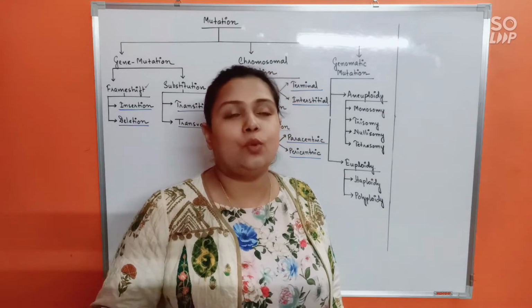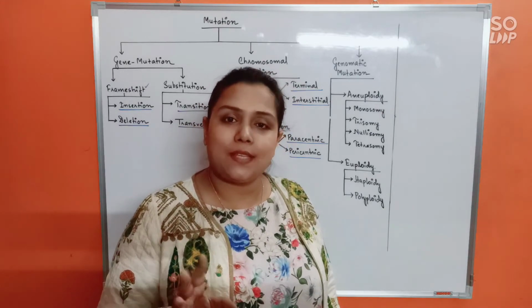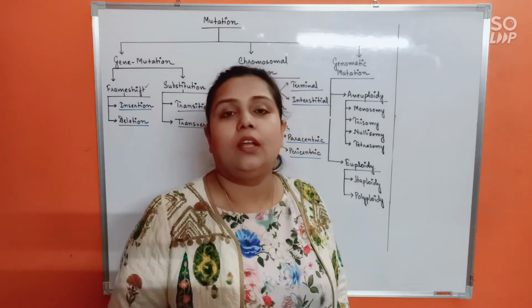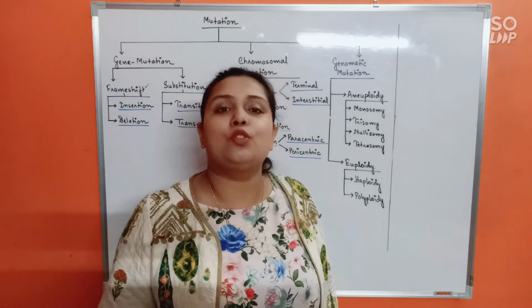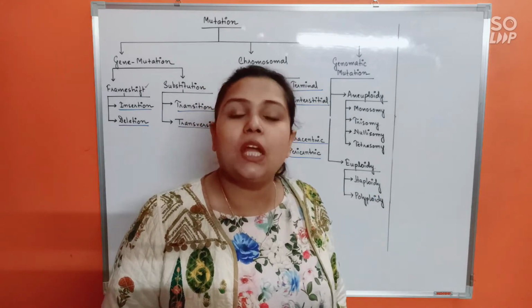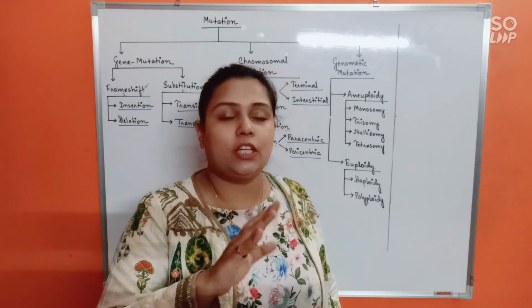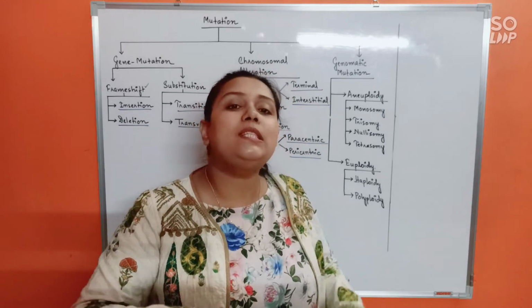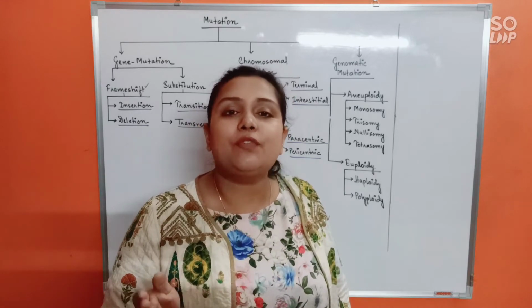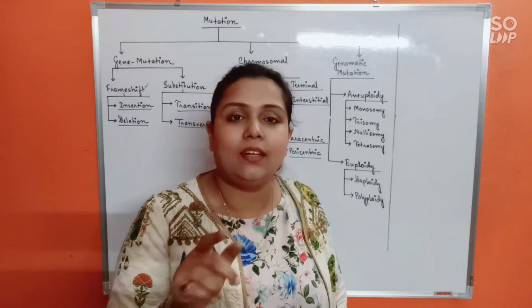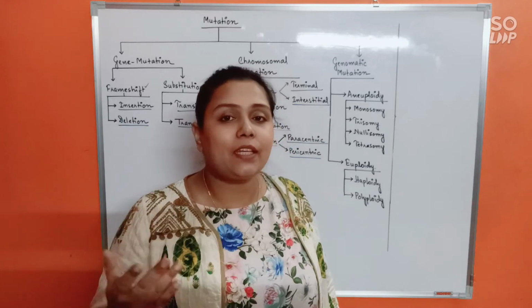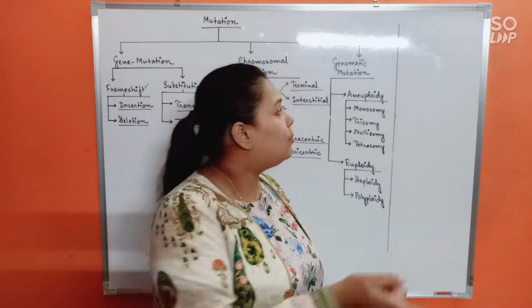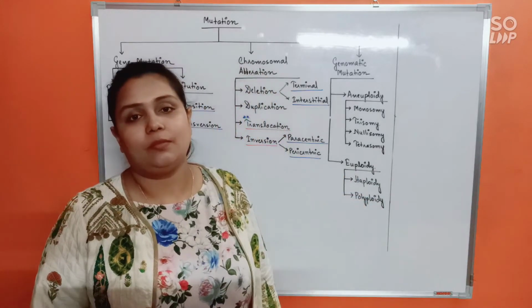Also, if in a particular cell, which is naturally going to be a diploid one, one whole set of chromosomes is added, now the cell becomes triploid, not diploid anymore. It is not 2n anymore, it becomes 3n. Or else a whole set of chromosomes is lost, means from 2n, now the cell becomes n, haploid. So whole set goes missing or whole set is added. That kind of change will also be included in genomatic mutation.